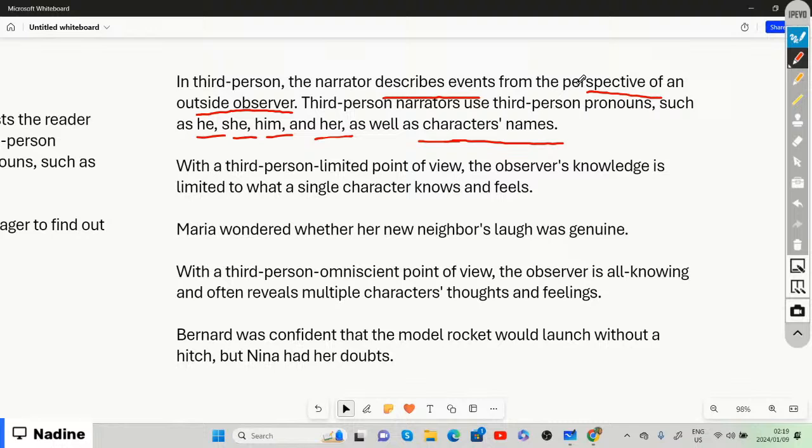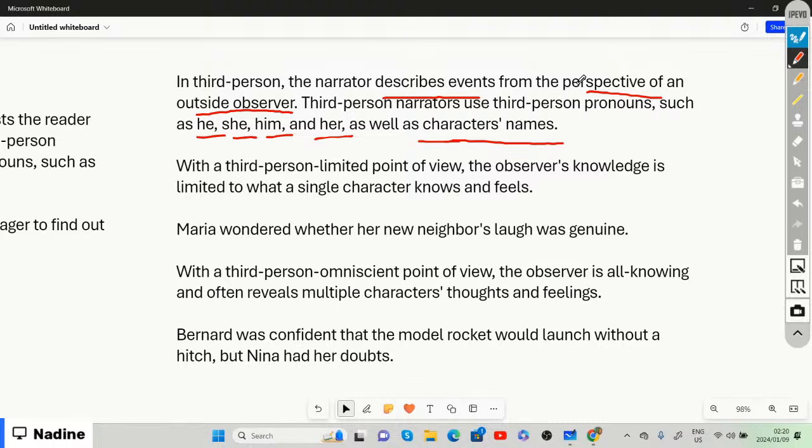So with a third person omniscient point of view, we can then say that the observer is all knowing and often reveals multiple characters' thoughts and feelings. So it's not limited, but they know way more.